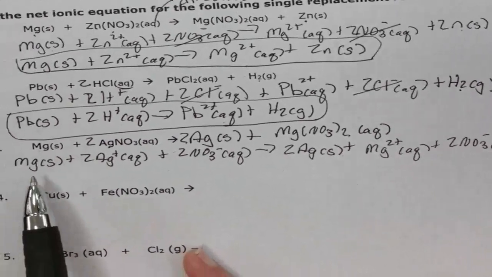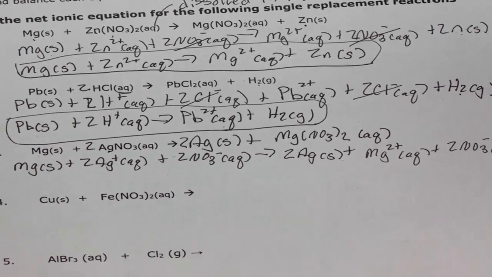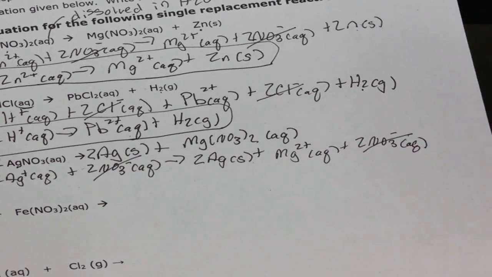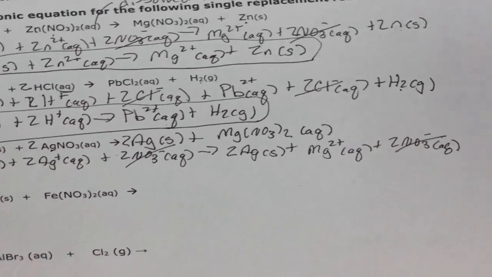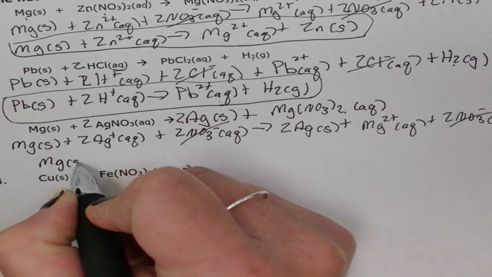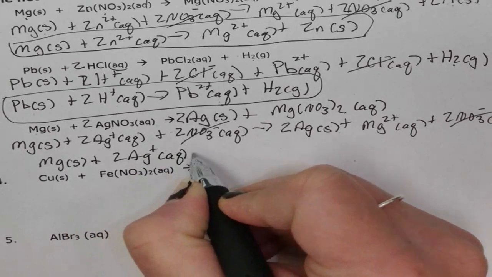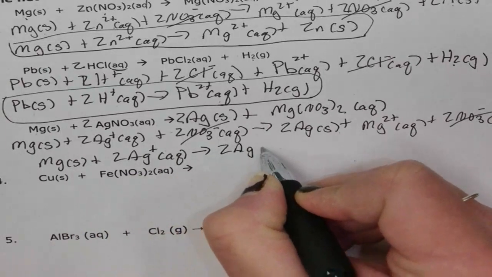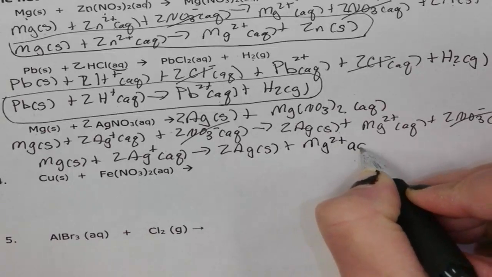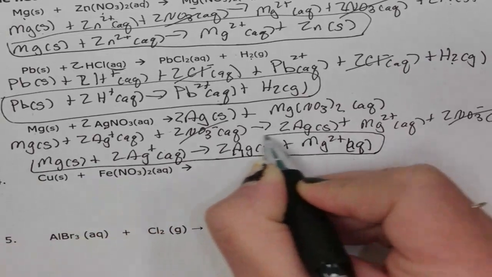We have solid magnesium and solid silver. So nitrate is not involved in the formation of either one of those solids. So we're going to mark that out and simply rewrite everything that we are left with. And there is our net ionic equation.